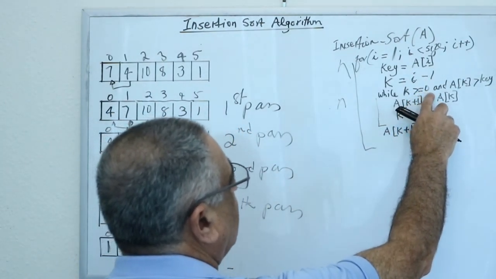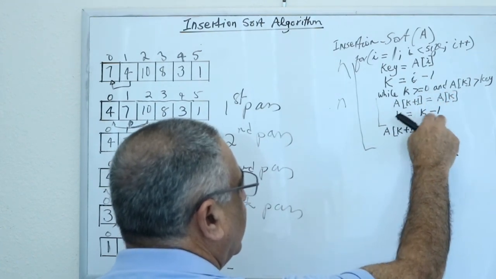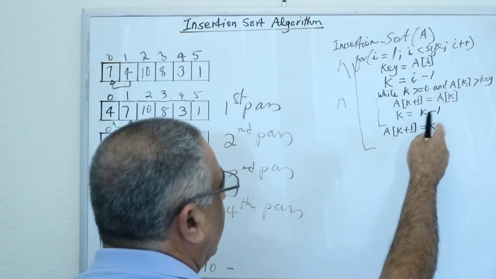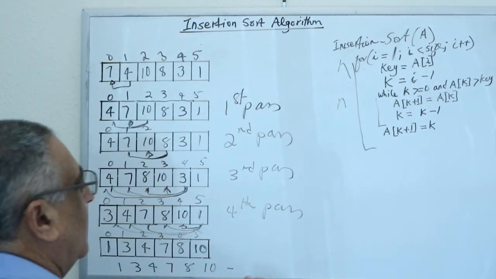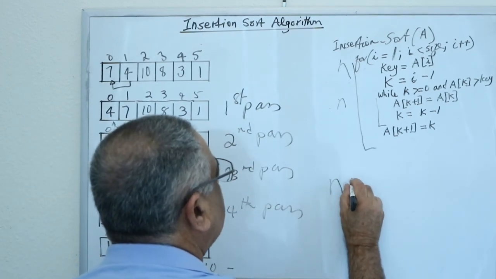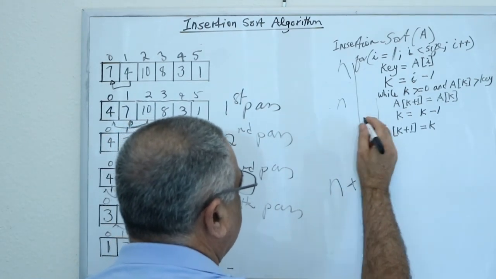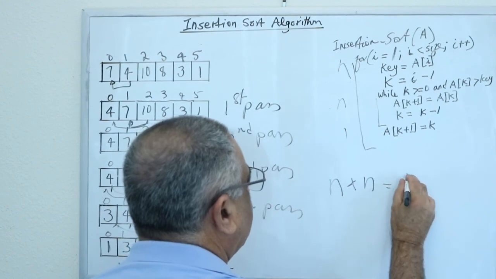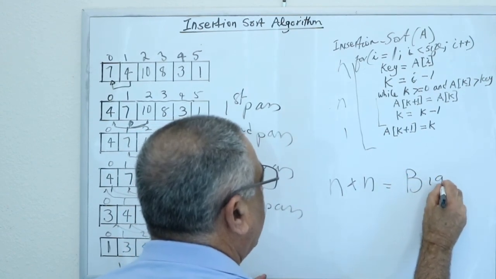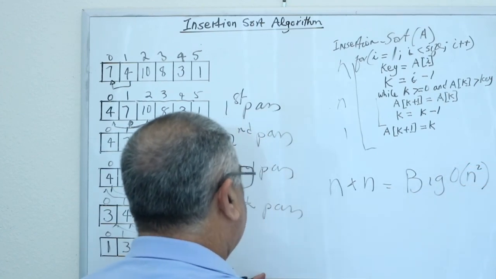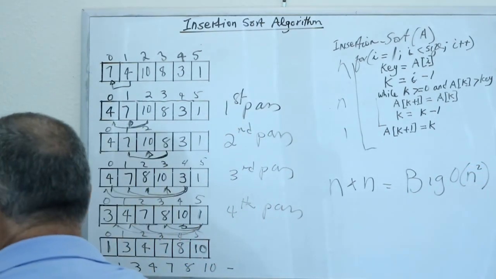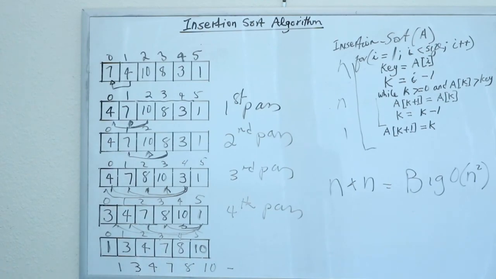And then as long as this is true, you keep checking this condition until you find the value for k, and that's the index there. So now, this is n times n, and this is like 1 there. So basically it's a big O of n squared. So it's a sort algorithm where it takes some time to do it.